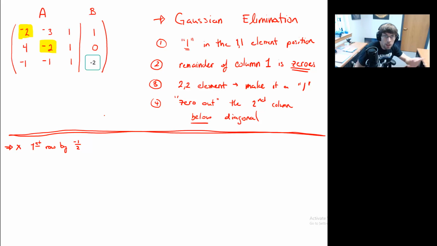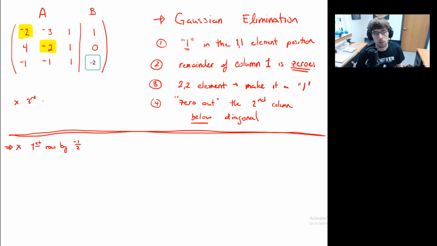I will now walk you through it. And hopefully we'll have some sort of agreement at the end. It doesn't matter what process you use, as long as you perform those row operations correctly, then you should be okay.